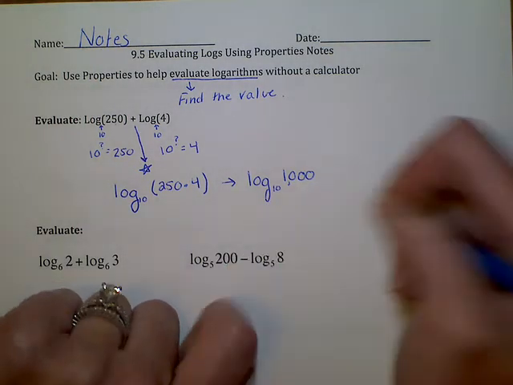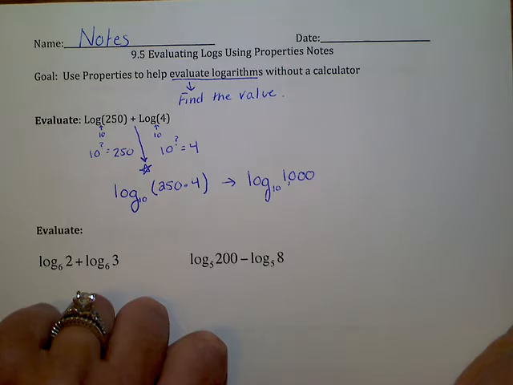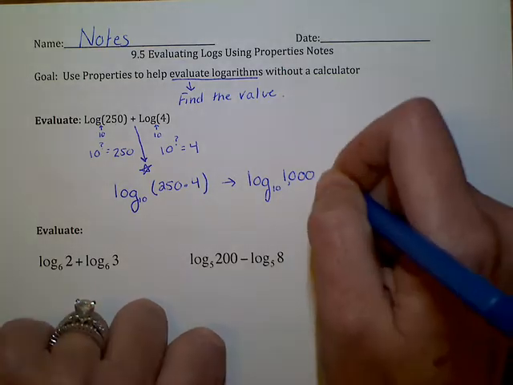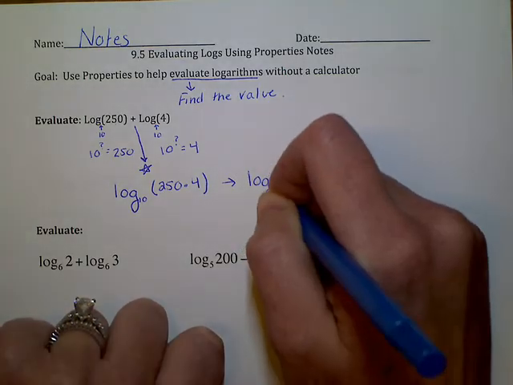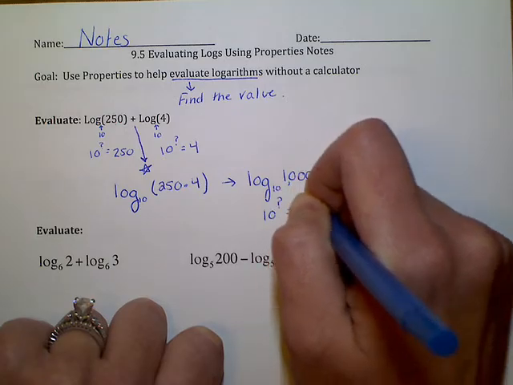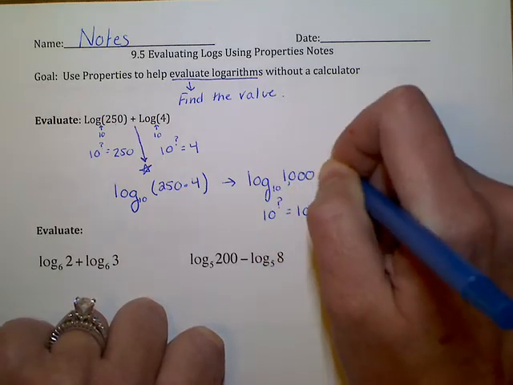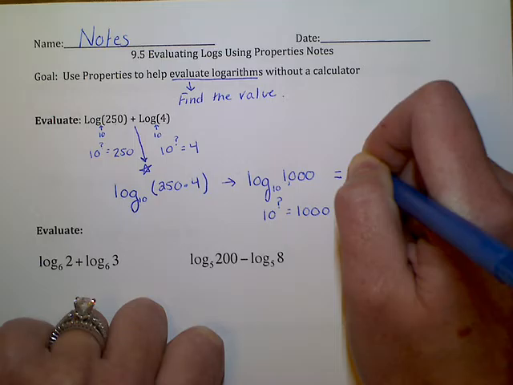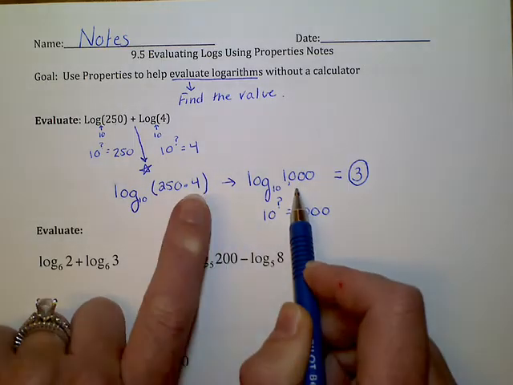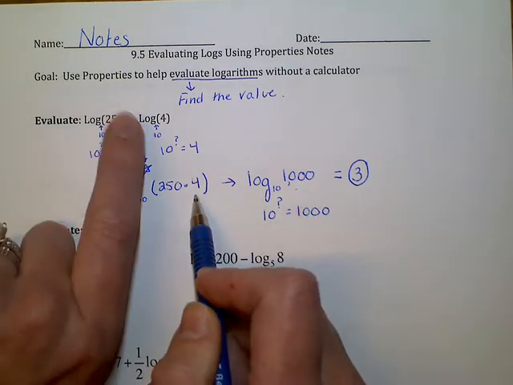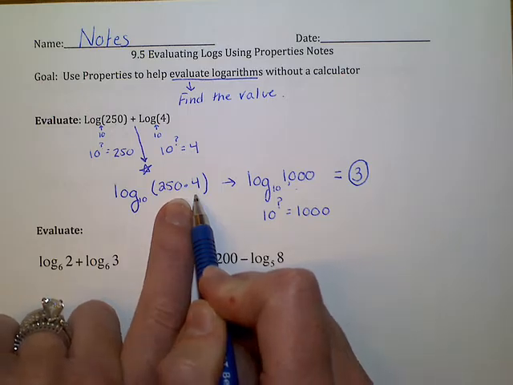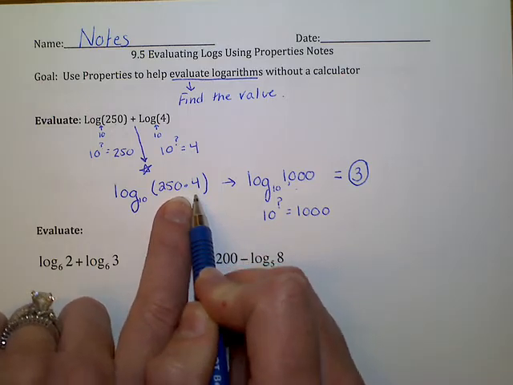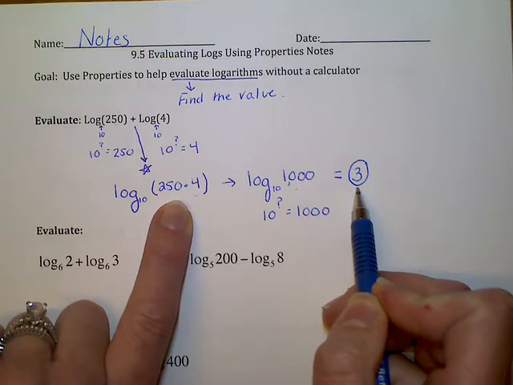Now that actually helps us, because if I now ask myself the question, 10 to the what equals 1,000, well, that means that this whole log equals 3. And we got that log by just condensing, using our properties of logarithms, into a single log here, and I was able to get the answer.